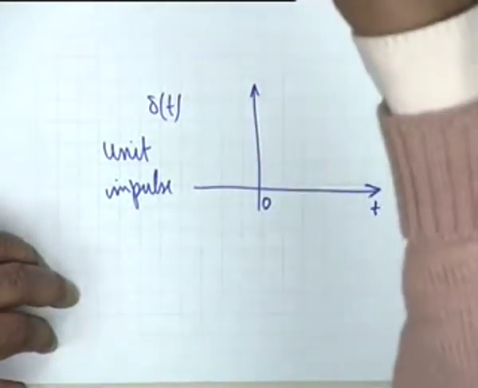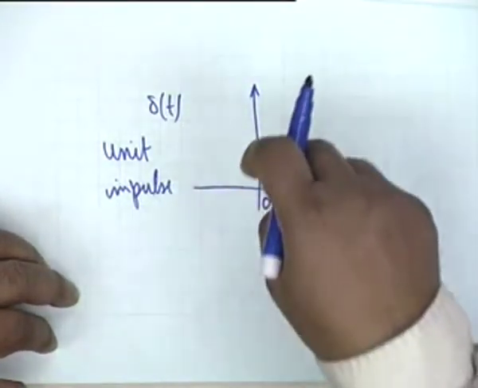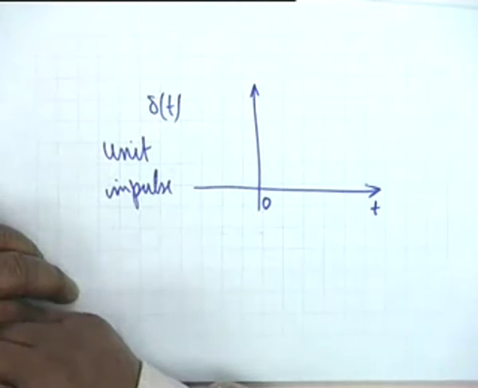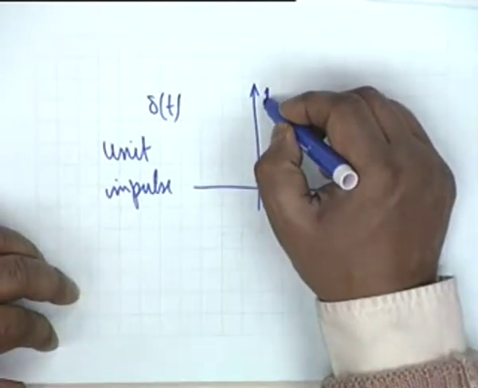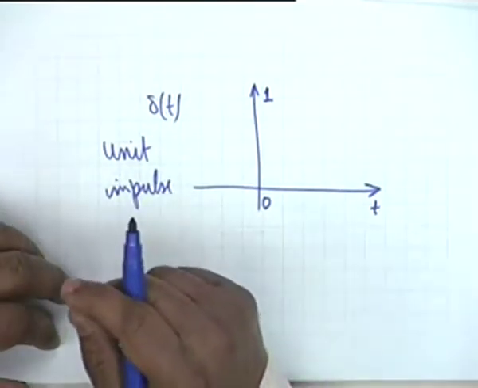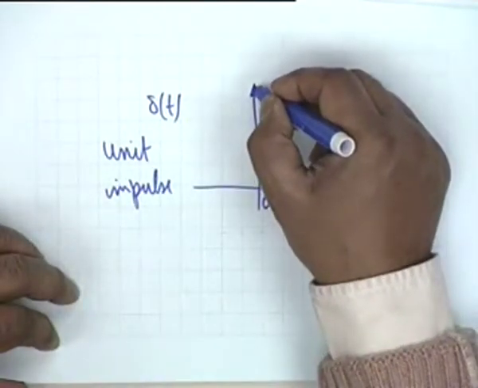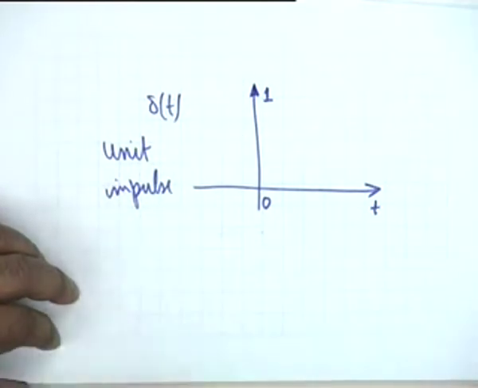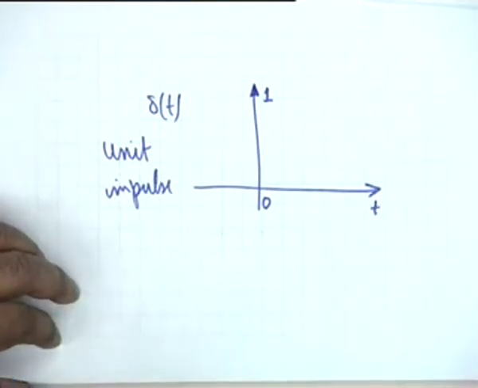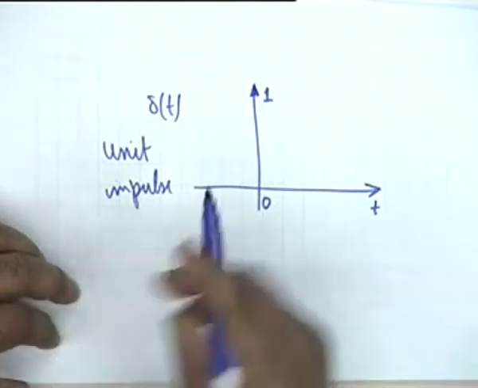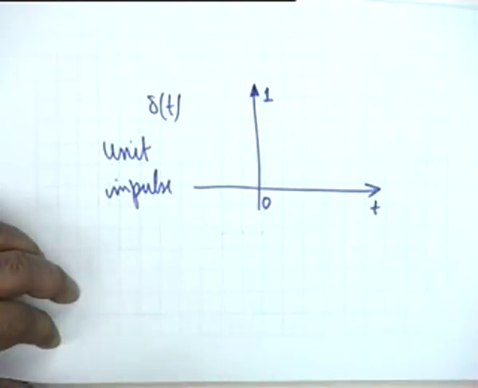We cannot represent infinite amplitude on a finite two-dimensional plane, and therefore we simply represent an arrow, and we denote the area under the impulse. Let us represent the axis by means of an open arrow whose back is open. Here the back is closed.